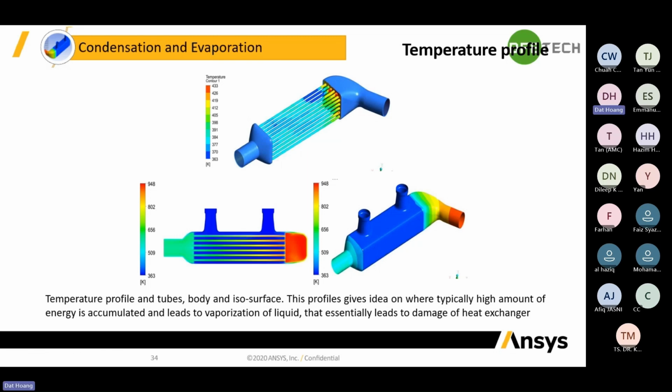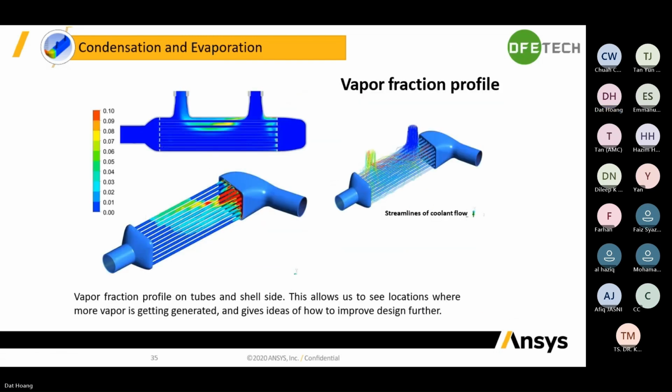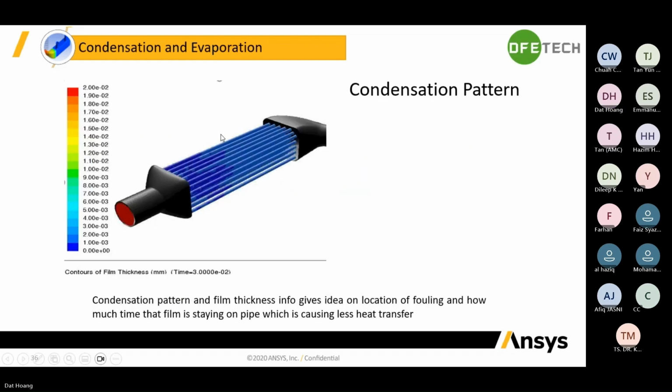And then we can capture the vapor, or the evaporation that happens. So, for example, where we have very high temperature, we can see the glycol vapor happening from the evaporation. And we also capture the condensation happening in the cold cycle.